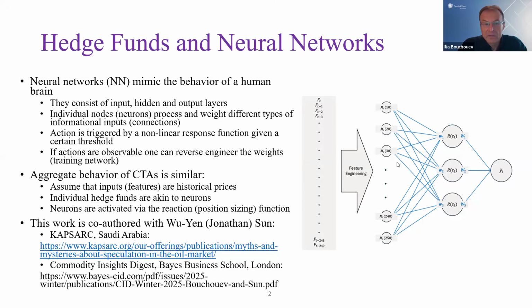The individual nodes or neurons process different types of information from the input layer, like our human brain gets a lot of different types of information. Then we assign a certain weight to the different types of information we receive, and then we act on this information using some nonlinear response function. It could be binary.